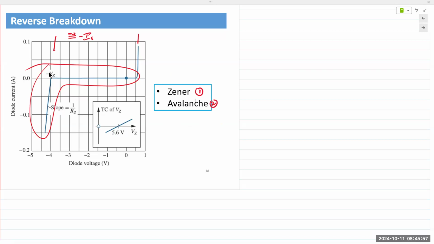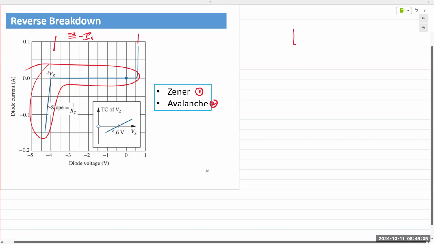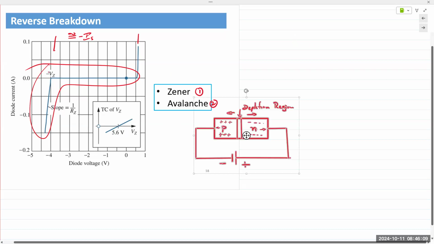Let's talk about avalanche first. What happens in avalanches, in reverse bias, right? We already talked about how. Let me paste that diagram again.